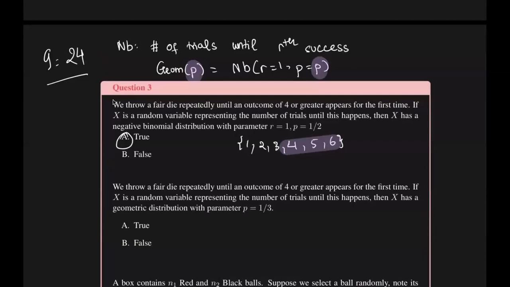They refer to the same value. And here we are in the same situation, but they are saying that p equals 1/3, so that is wrong. p should be 1/2, but the distribution is correct. We can say this is a geometric distribution with parameter 1/2. Then this would be correct.